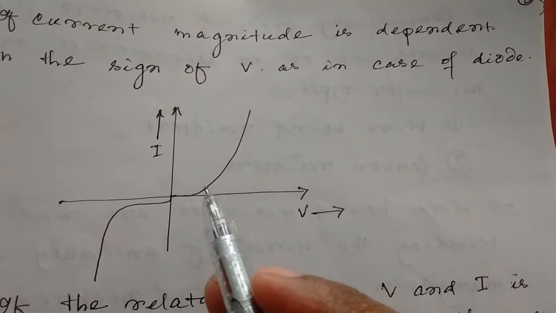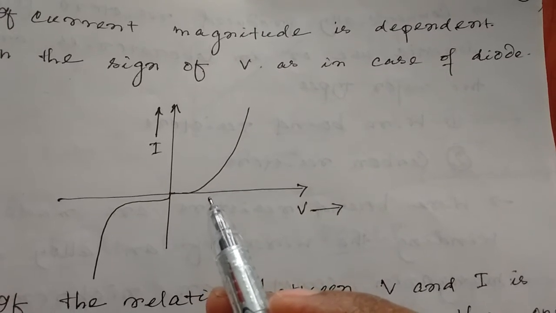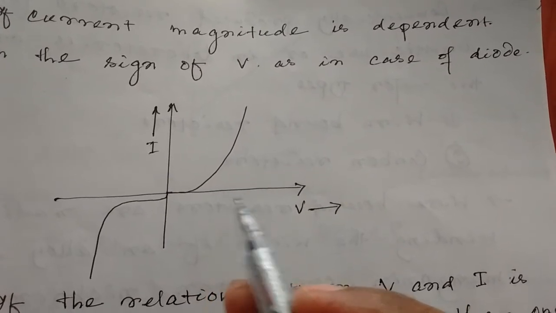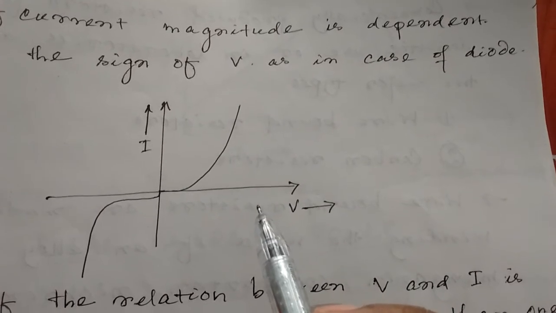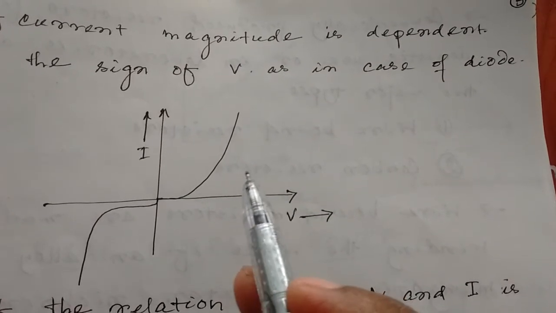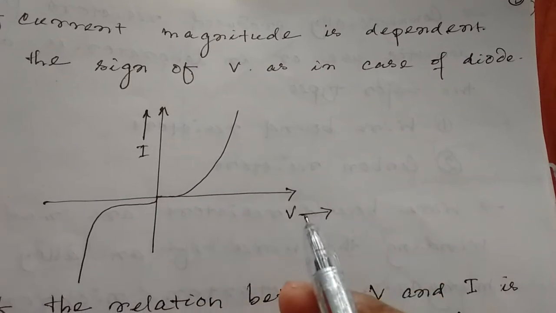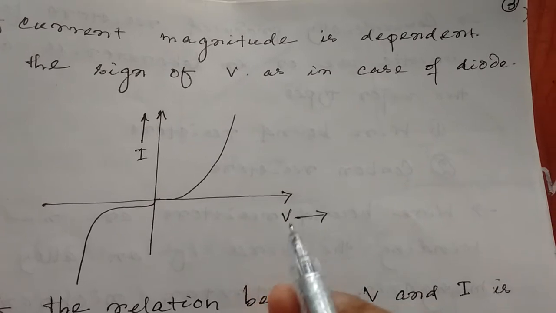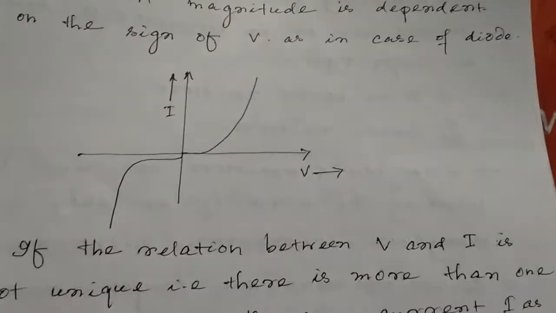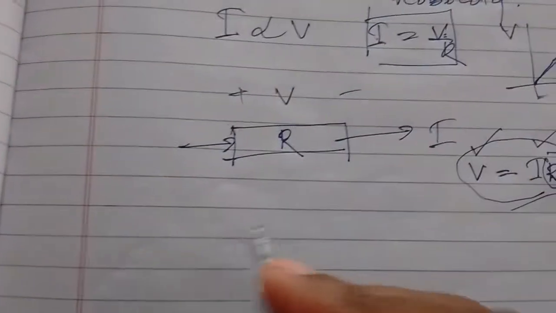It changes both direction and magnitude according to its polarity. Polarity means on which terminal, okay, I'll show you on the figure.